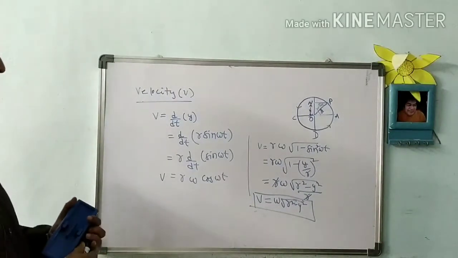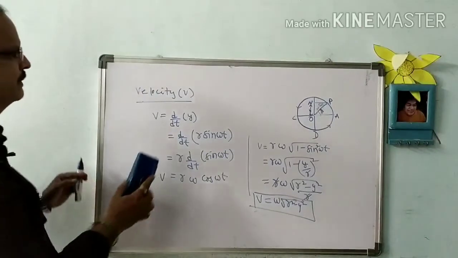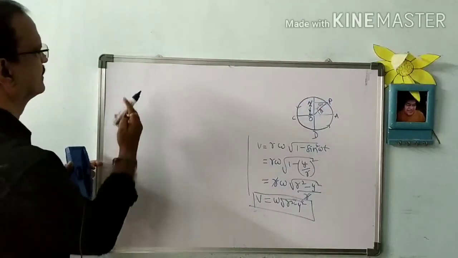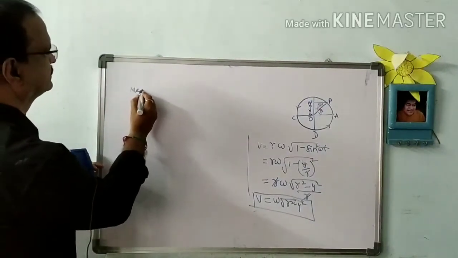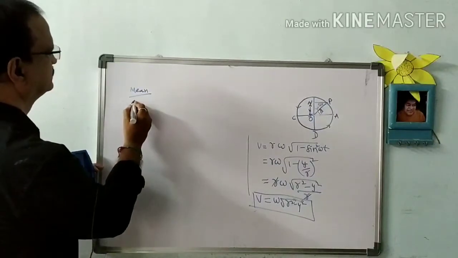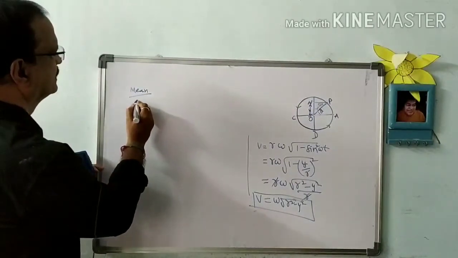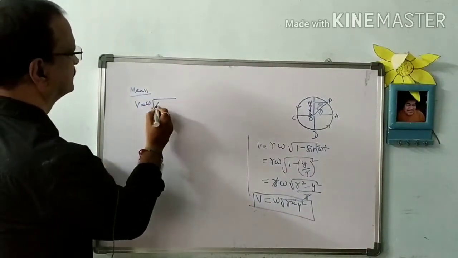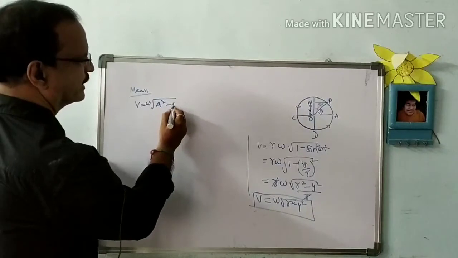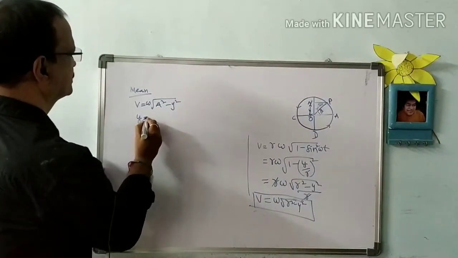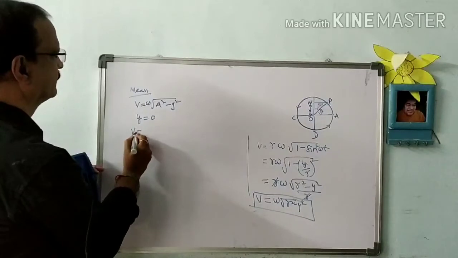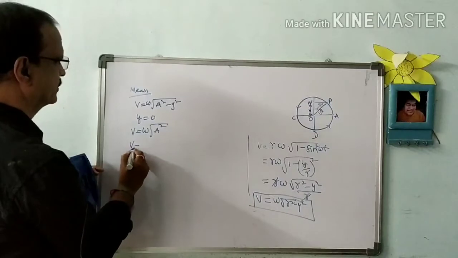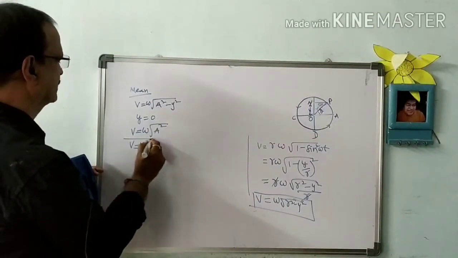Now if you want it at the mean position, we have at any position v is equal to omega into root of A square minus y square, and we can take A or r, anything. So at the mean position y is equal to 0. Therefore v is equal to omega into root of A square, or v is equal to omega A, or omega r, anything we can take.